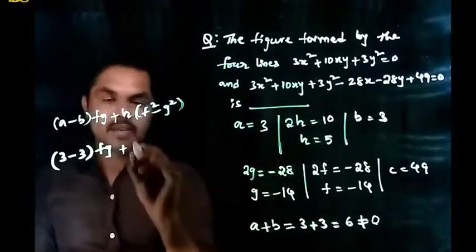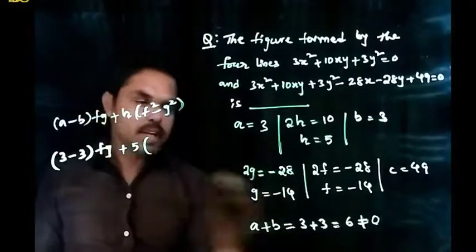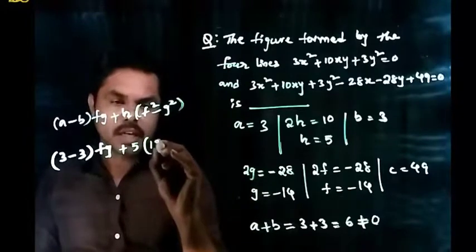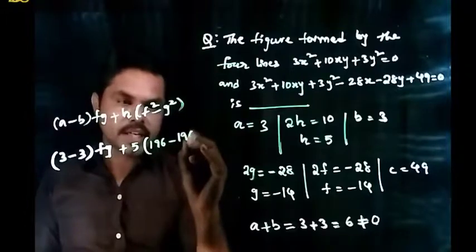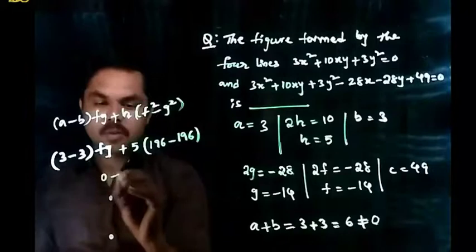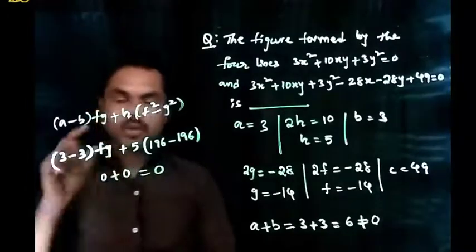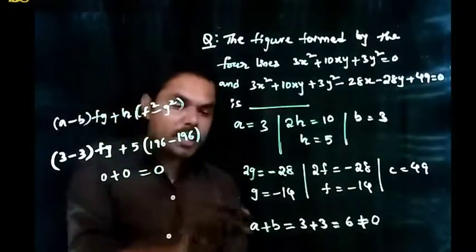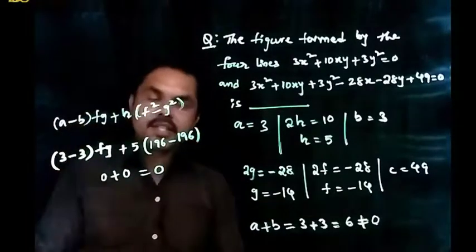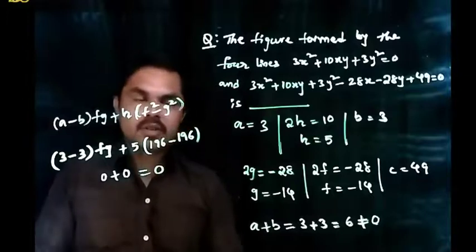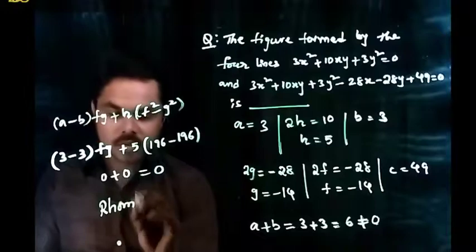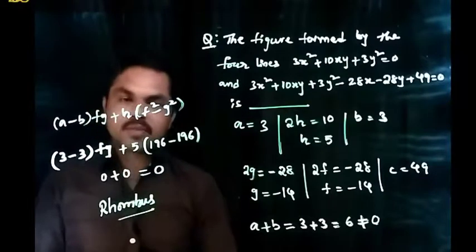The h value is 5. f square, 14 square, nothing but 196, minus again 196 because g is also 14. So this value is 0 and this value is 0. 0 plus 0 is equal to 0. So in case 1, when a plus b not equal to 0, a minus b into fg plus h into f square minus g square is equal to 0. These four lines formed a rhombus according to case 1.